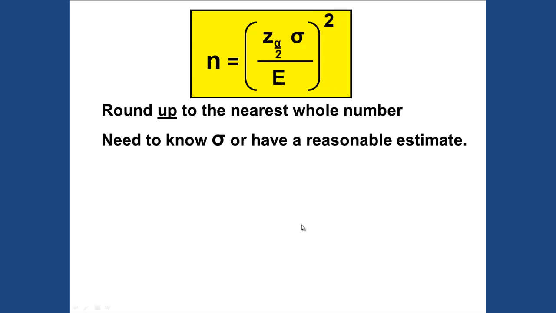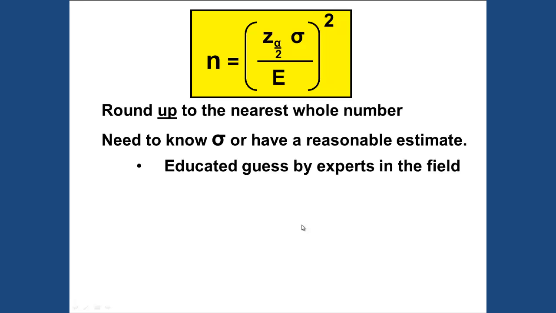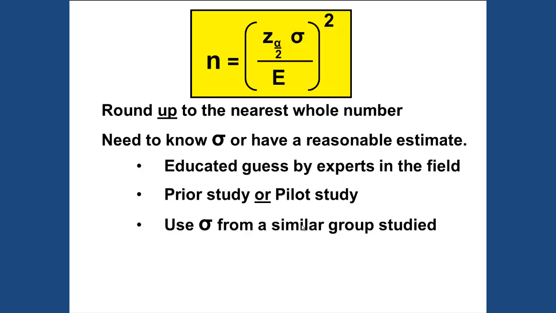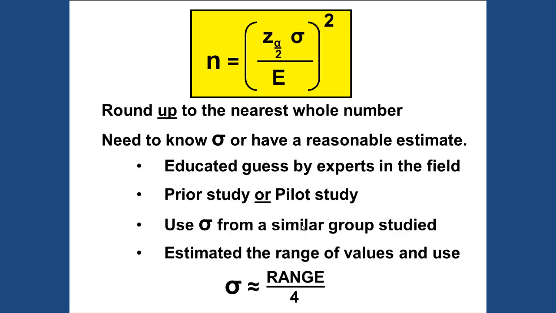And by a reasonable estimate, we will use an educated guess by experts in the field, a prior study or pilot study. We will use sigma from a similar group that's been studied, or we can estimate the range of values and use the standard deviation as the range divided by 4.